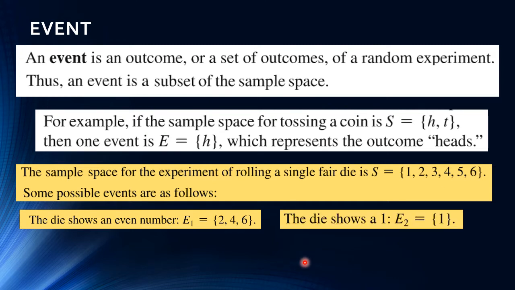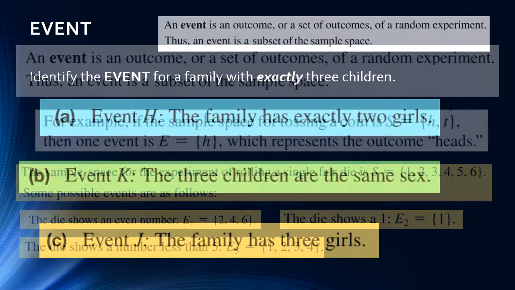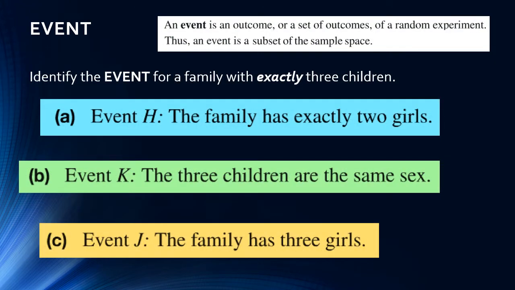The die shows a 1. Then we just have the number 1. The die shows a number less than 5. This is a different event, so we have all the numbers that are less than 5: 1, 2, 3, 4.